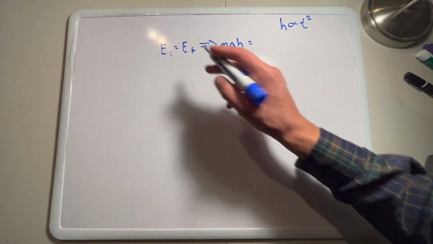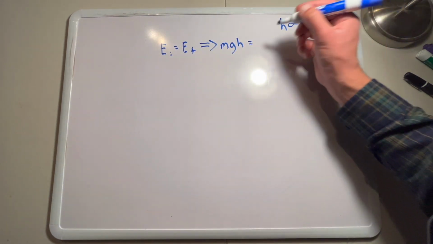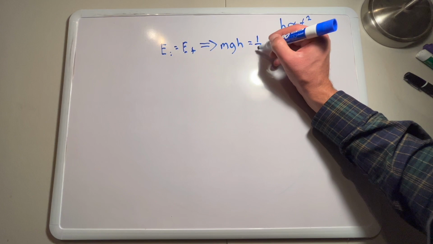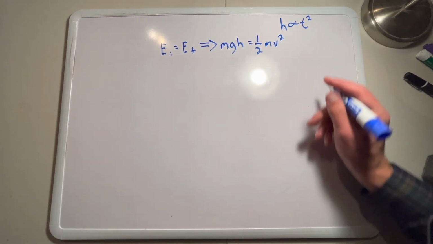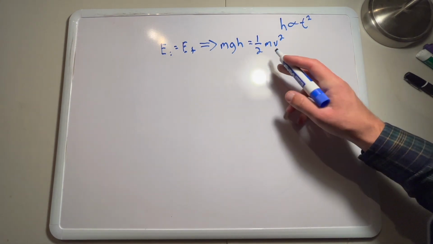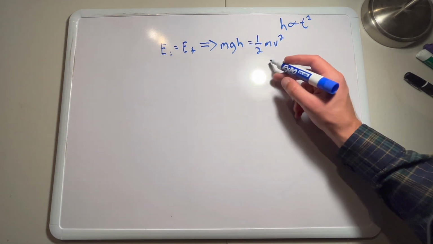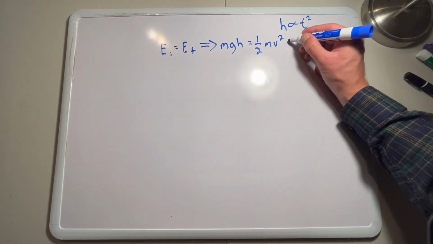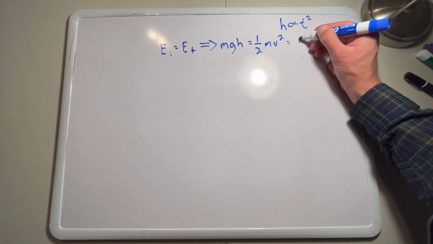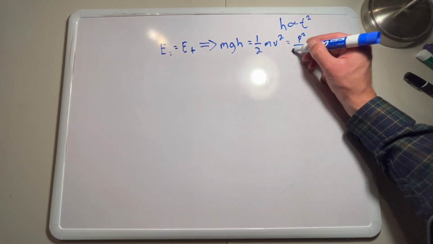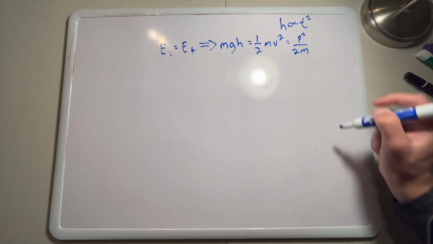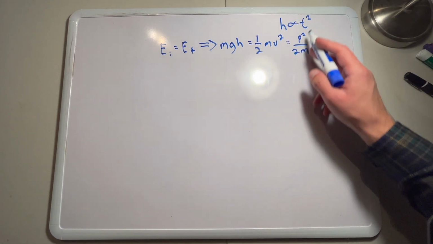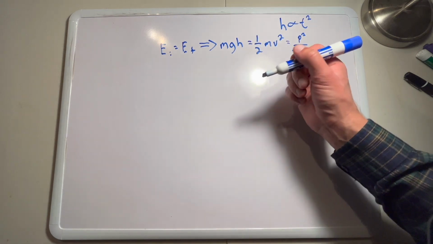That will be equal to the kinetic energy, which we looked at, 1/2 mv squared. Now we did talk about another way to write that using momentum, and that was p squared over 2m. And that's what we're going to use here to eventually bring time in without any calculus.